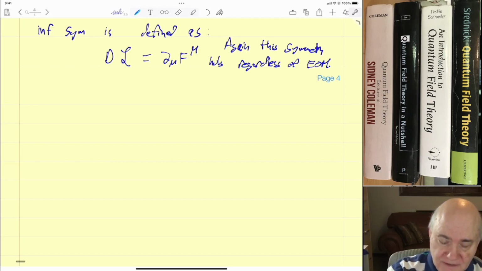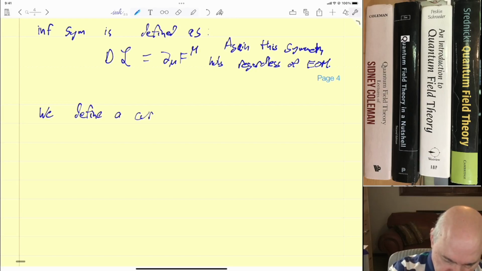And paralleling our discussion of global charge, we define a current J^mu equal to pi^mu_A d phi_A minus F^mu.